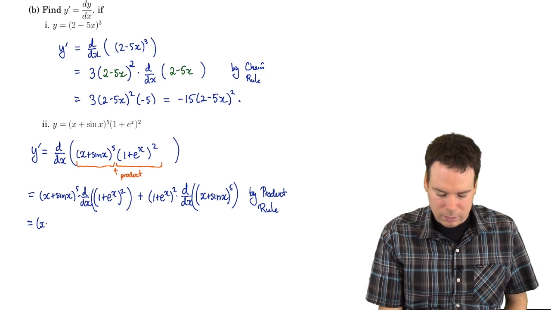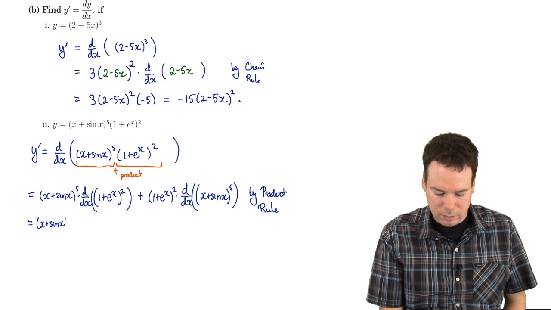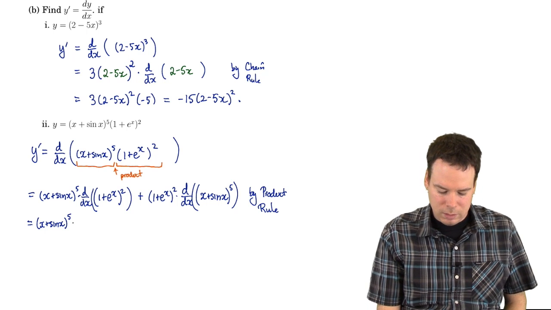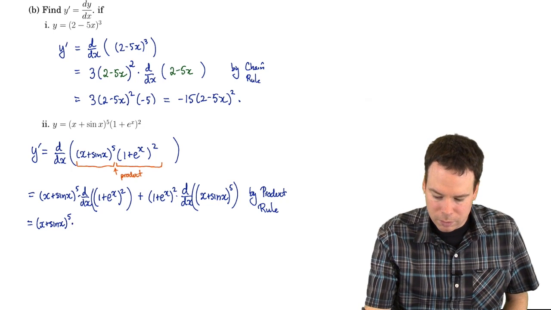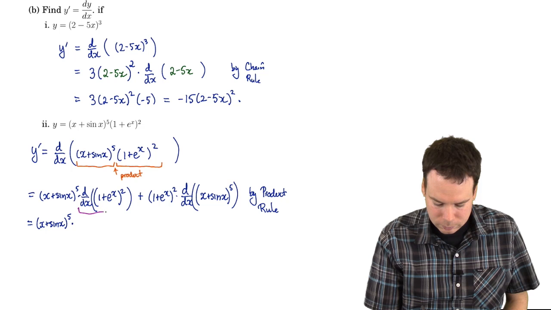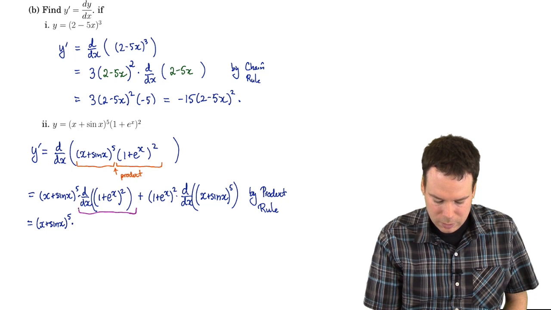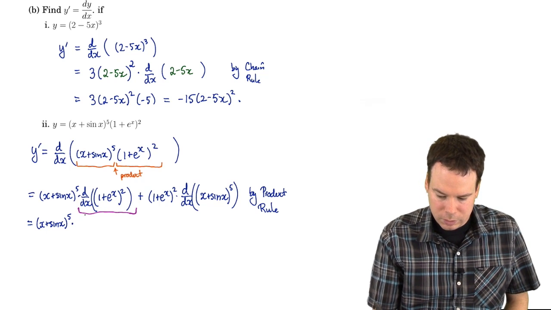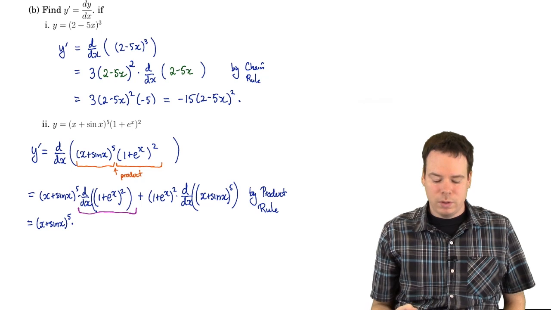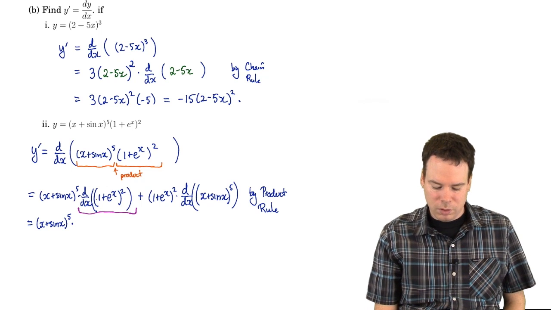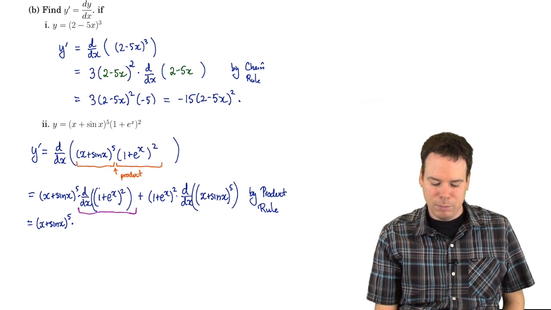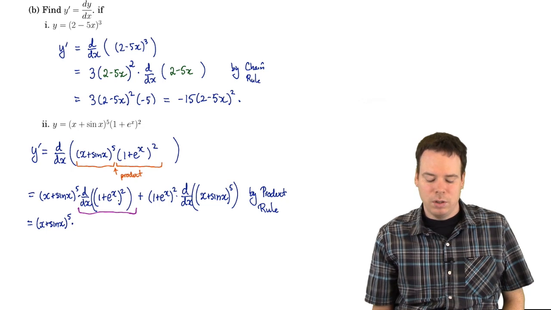It's (x + sin x)^5 times, now we go to work on this piece here, and that's the chain rule. So it's going to be the derivative of the outside function. What's the outside function here? What's the very last thing that's being done when you imagine evaluating at a particular x value?